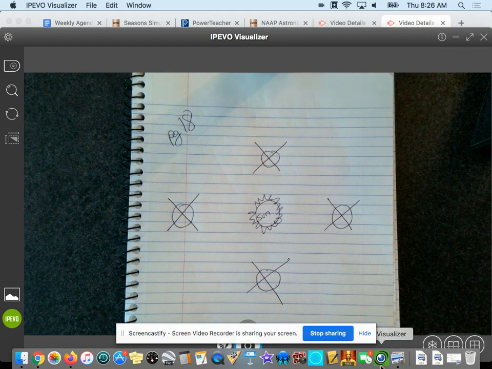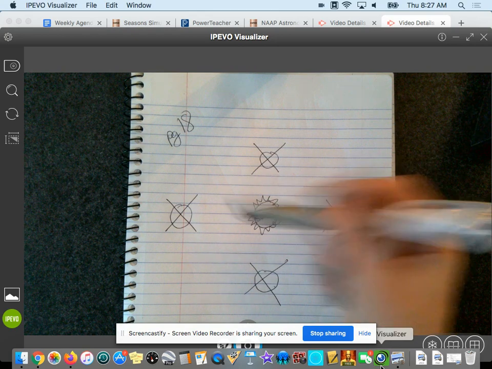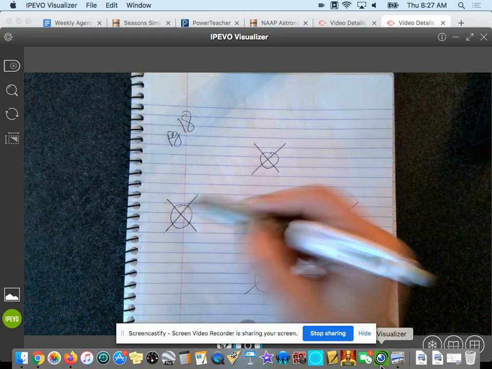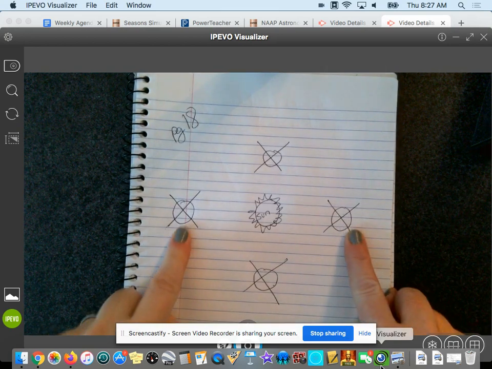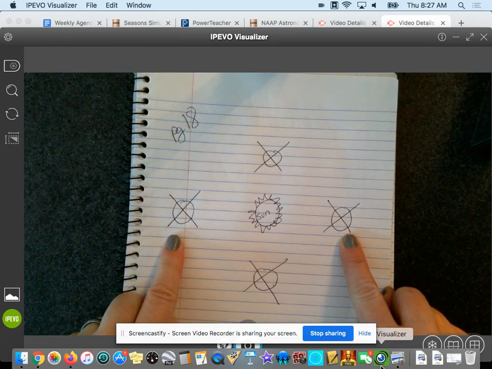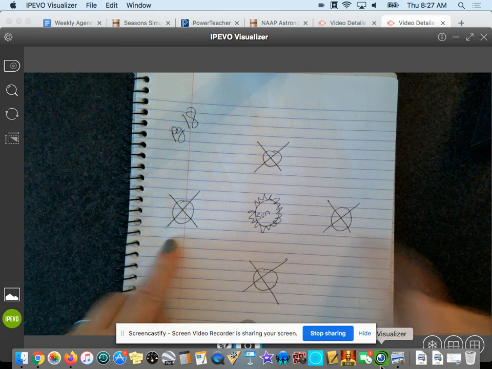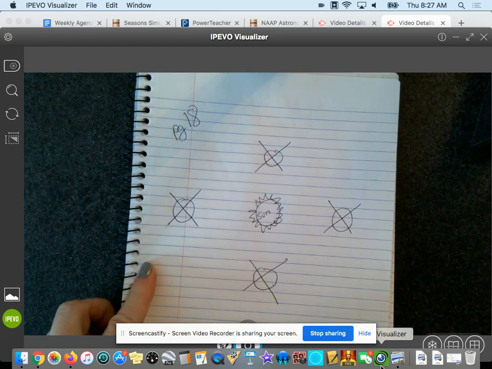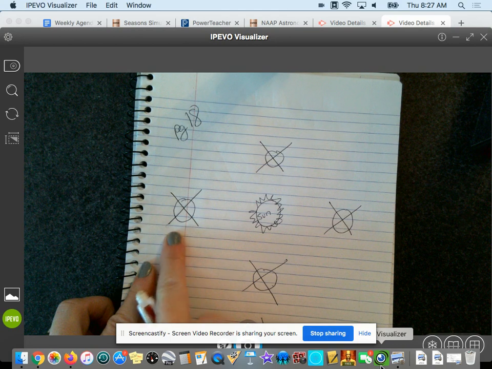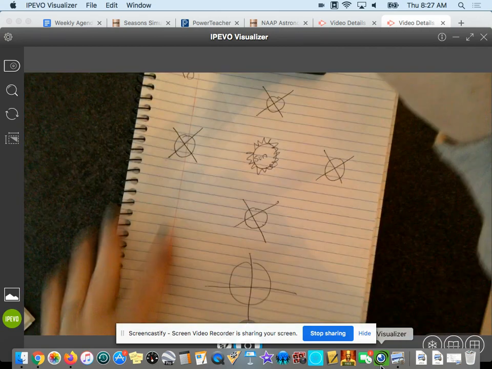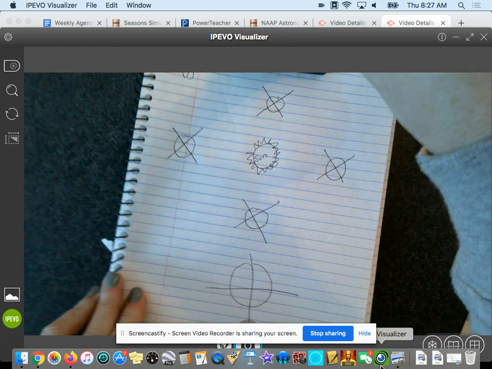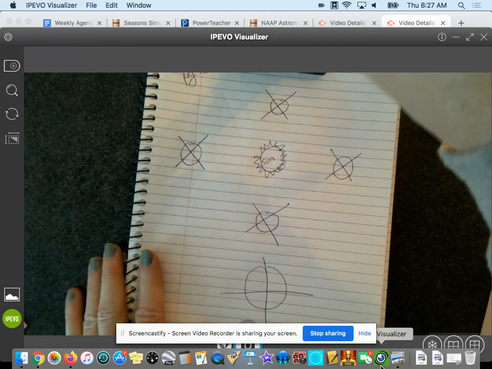And when you make your initial crosses, just make sure that it's orientated so that the tilt is apparent. Like, there's a reason I didn't draw it like this. I need these to show tilt. Can't see it. Yeah, there's a reason we didn't do that. They need to be tilted.